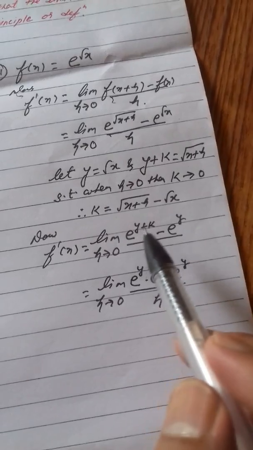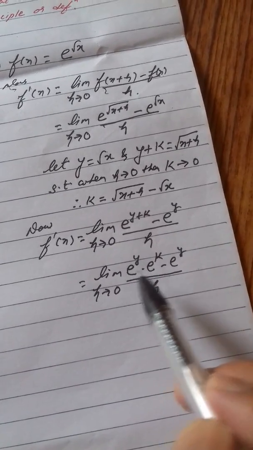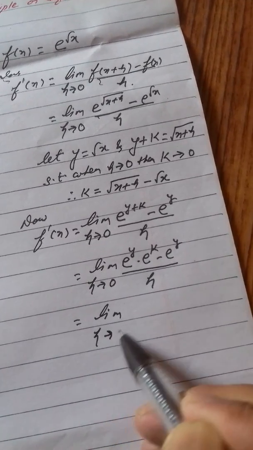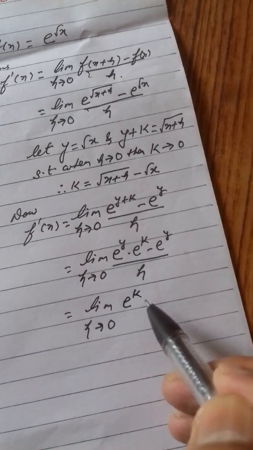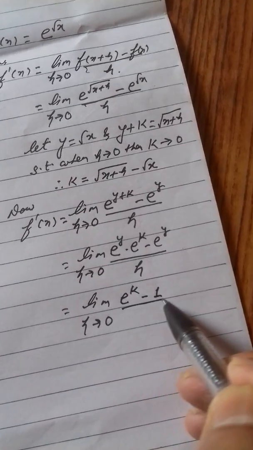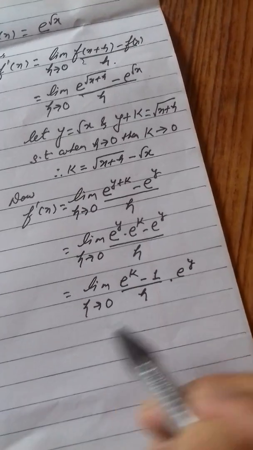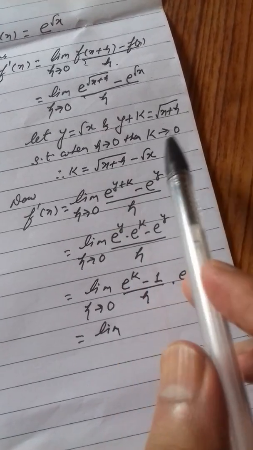Powers are added, so we can break in terms of multiplication of same base. Then limit h tends to 0, e to the power y is common, so we get e to the power k minus 1 by h into e to the power y. And we know we have h tends to 0, k tends to 0.